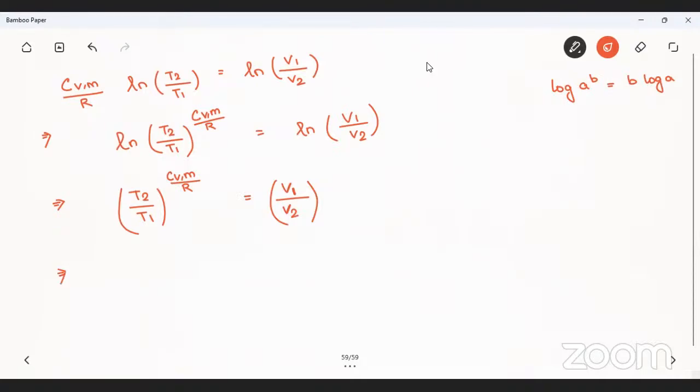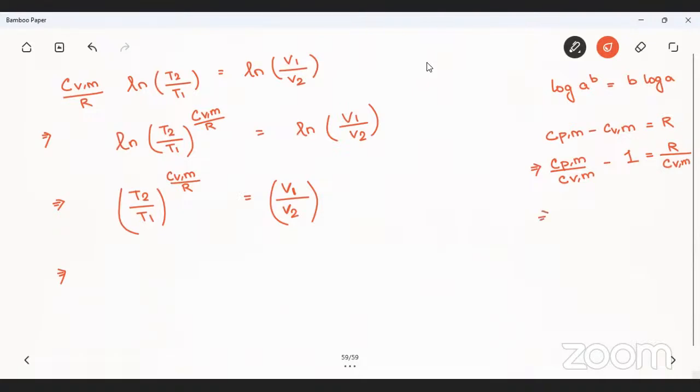So if I write like this, now again, what is this CVM by R? From Mayer's relation, what we know is CPM minus CVM is equal to R. If I divide both sides by CVM, CPM by CVM minus CVM by CVM is equal to R divided by CVM.